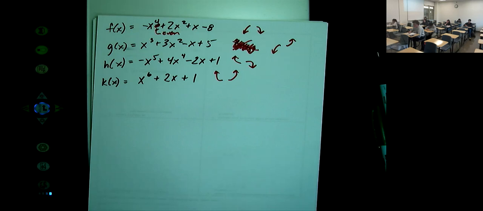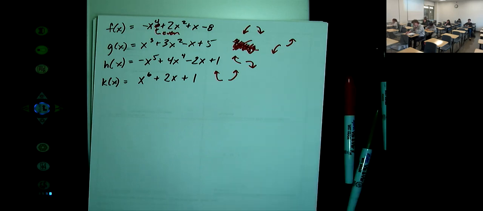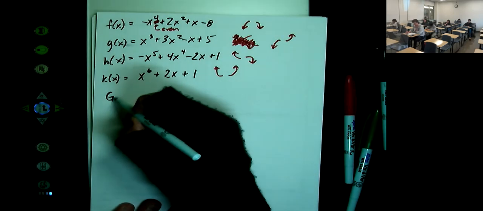Actually, we will get started on 3.5 today. Other than doing examples, we're almost done. So, how do you graph a polynomial?